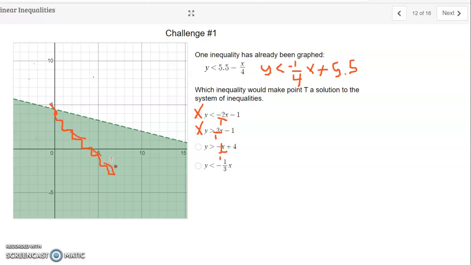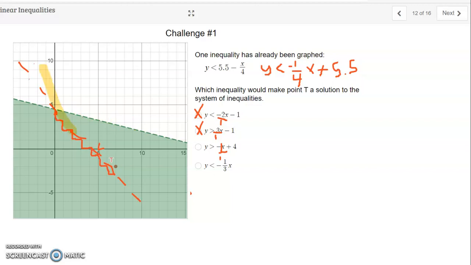So I'm going to continue drawing my dashed line. And then it says y is greater than, so everything above the dashed line. So since everything above the dashed line would be shaded, then that means that T would be in the shaded region.